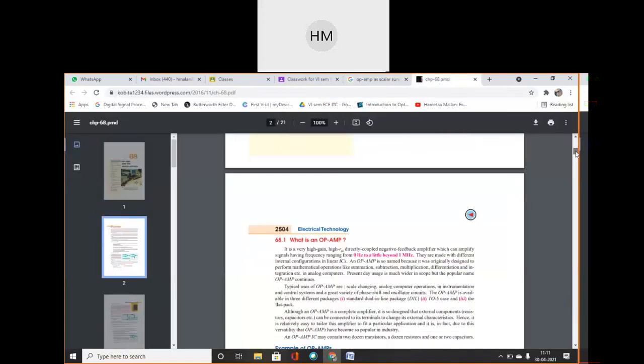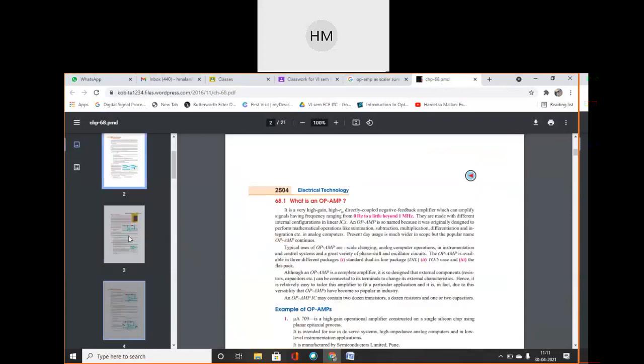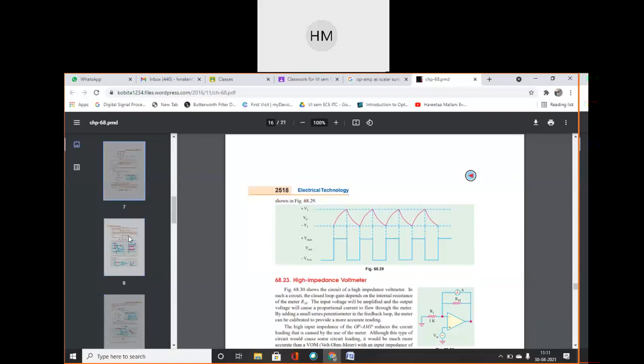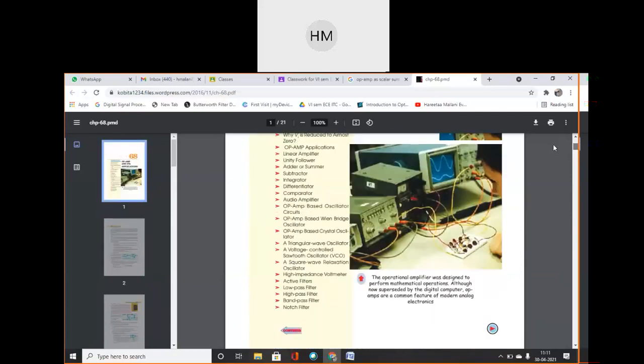Because you haven't studied its theory subject, so at least if you read it here once, you will understand. So at what page is it?